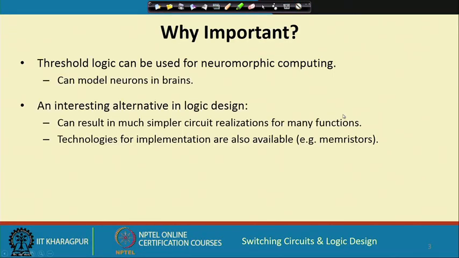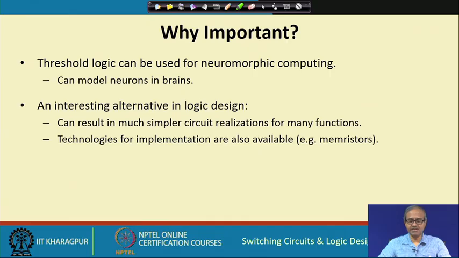Now, let us try to understand why threshold logic and threshold gates are considered important today. The first thing is that threshold logic has a direct connection with neuromorphic computing. Neuromorphic computing is a branch of computer science where we are trying to mimic the behavior of a brain.